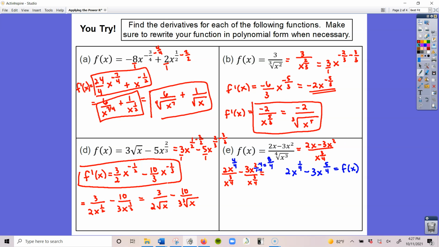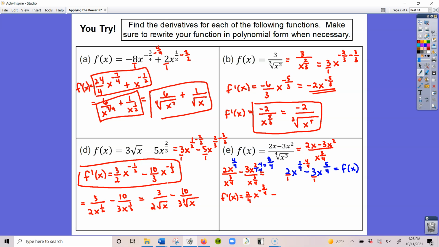Now we're ready to take that derivative. So f prime of x. 2 times 1/4 is 2 over 4 x, and now I'm going to subtract 4 over 4, which would be negative 3 over 4, minus 3 times 5 over 4.